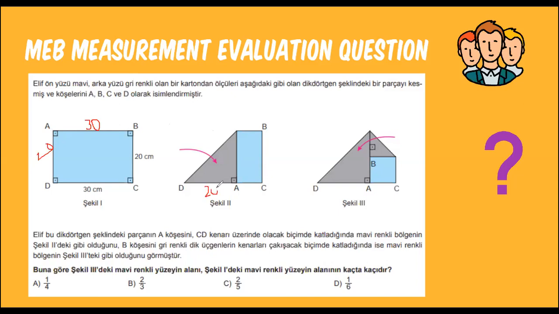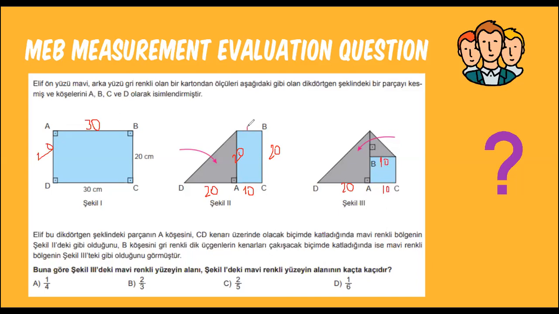So this distance DA is 20. Okay. Now when we look at this shape, again we can write 20. Now DC is 30, DA is 20, 30 minus 20 is equal to 10, and AC is 10, can you see?